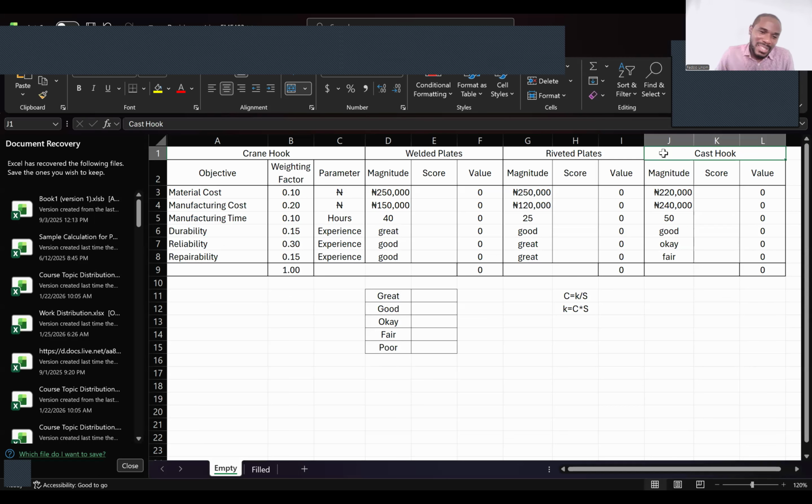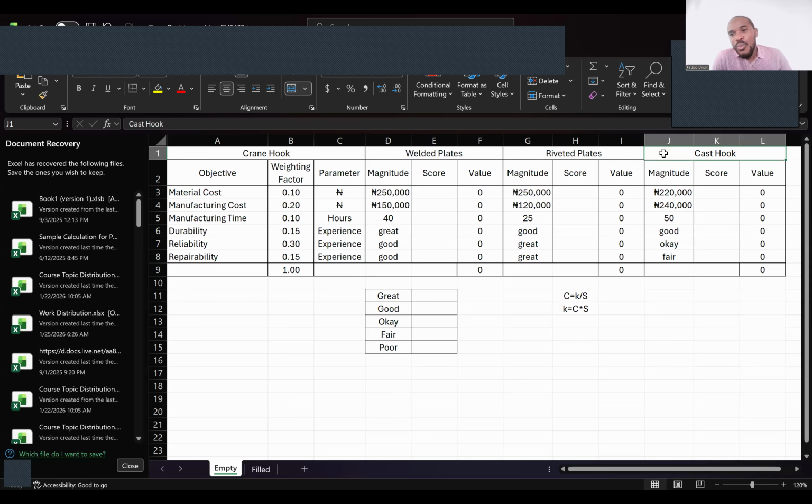That's reliability. But how long it does this is the durability. Repairability is whether, if it malfunctions or spoils, we can repair it.